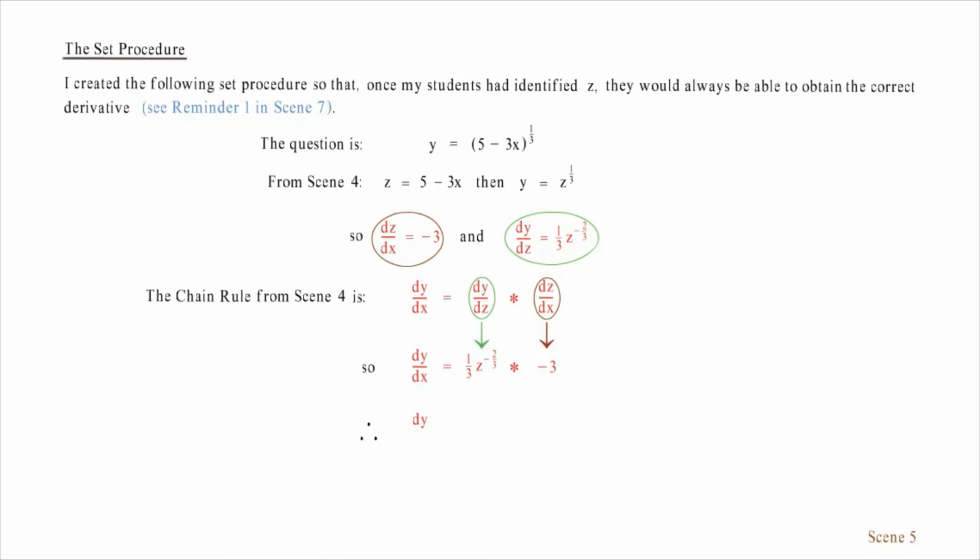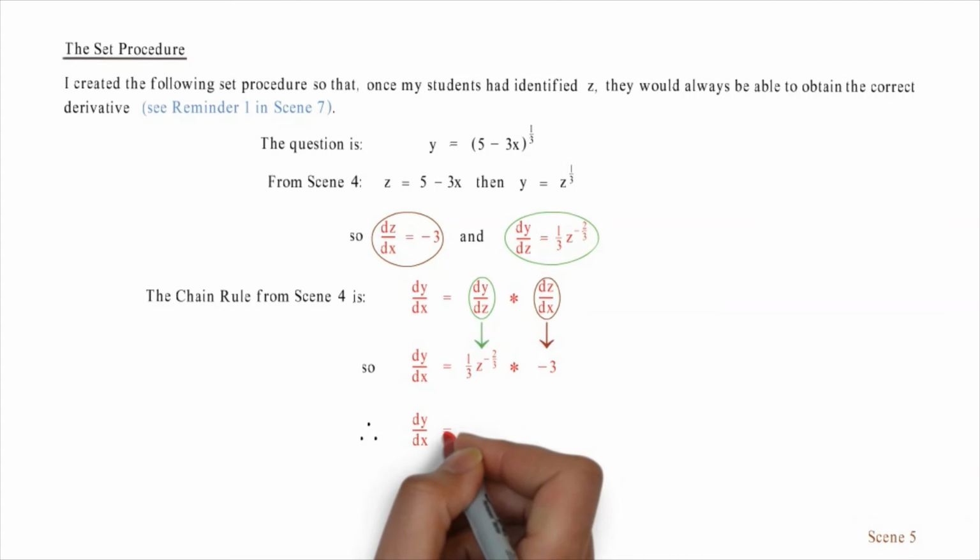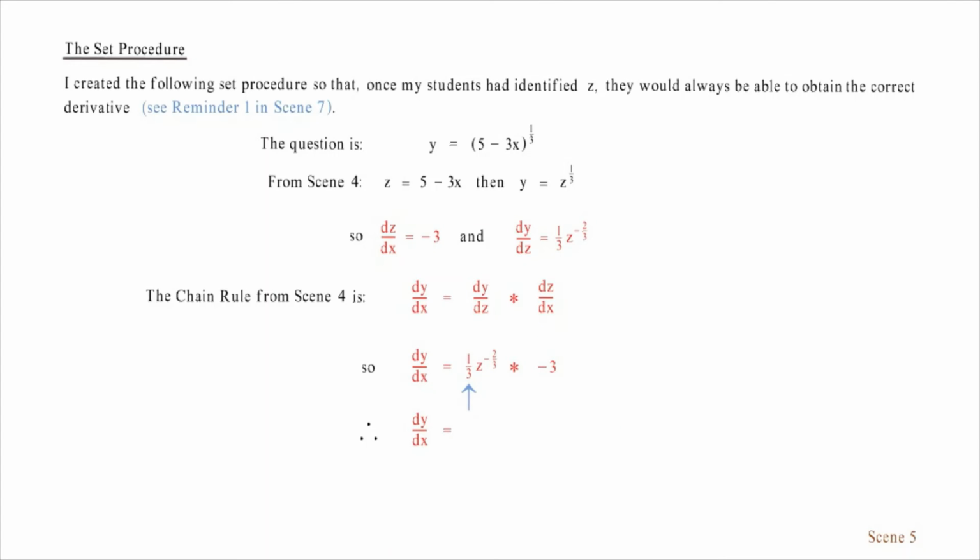Therefore, dy by dx equals 1/3 times minus 3, which is minus 1.